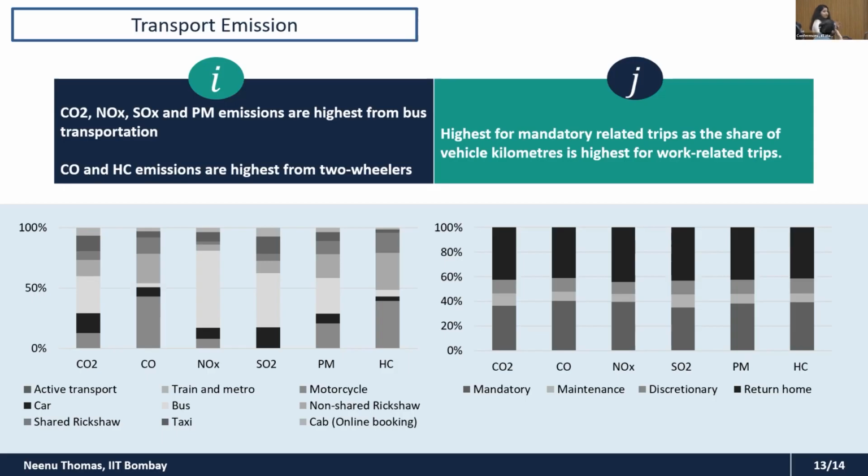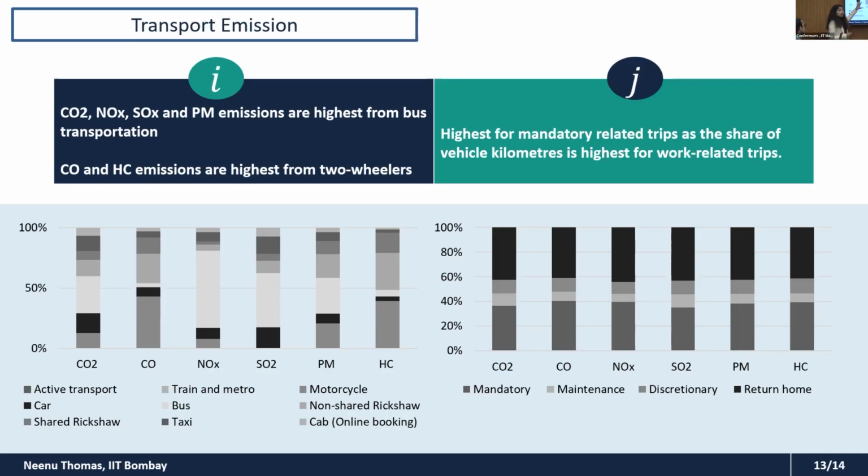As an urban planner, I'm more focused on how it is distributed among different modes and different activities. Based on that, we can see some of the major types of gases and PM emissions are highest for the bus transport, and some others like CO and HC are highest for the two-wheelers.